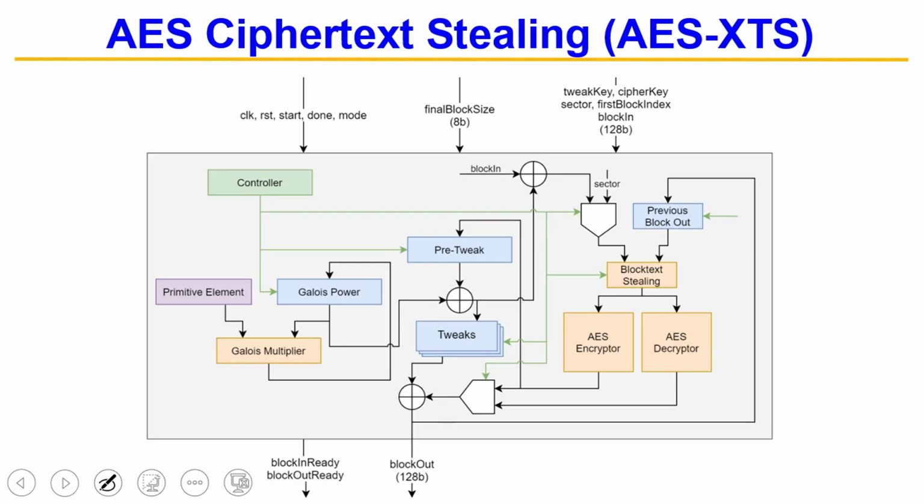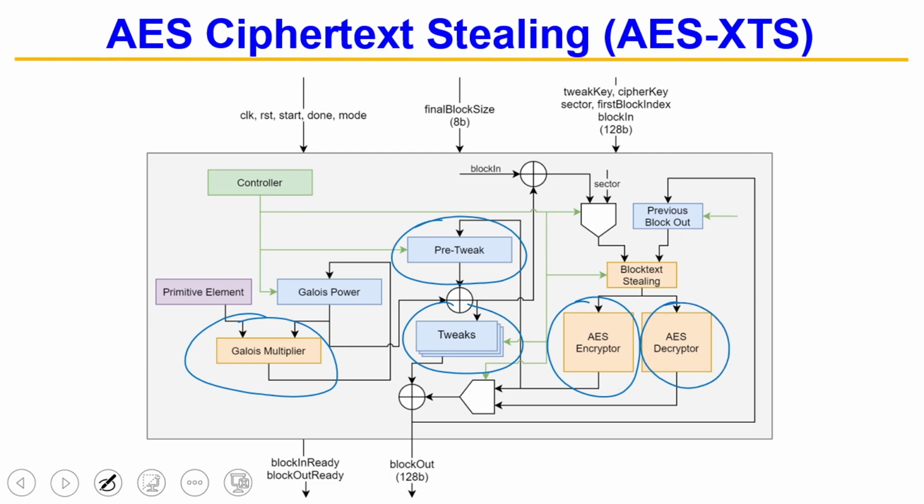And XTS, I do not believe people use it, but it has all the stuff of the previous one. I should be able to show it somewhere. No, it is slightly modified. This part is there, then it makes some tweaks, pre-tweak, post-tweak, all of those are there, and you have your separate encryption and decryption. This is different from the previous implementation.